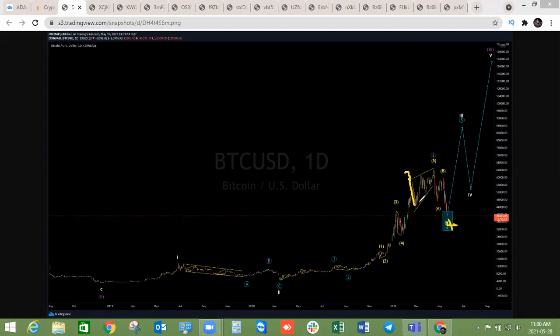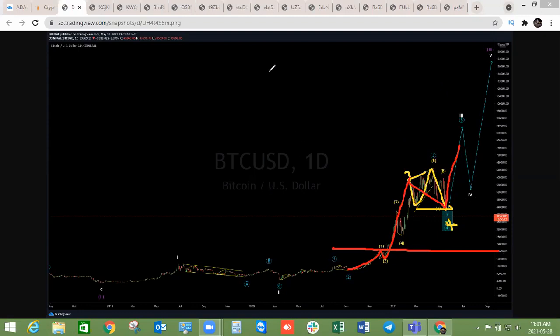So looking at this as a whole wave 4, if this was a wave 4 here, then the invalidation would have been 1, 2, 3, 4, and 5. So this wave 4 would not have had to come to 20,000 here. So the only invalidation area for this structure is at 20,000, even with this alternative.